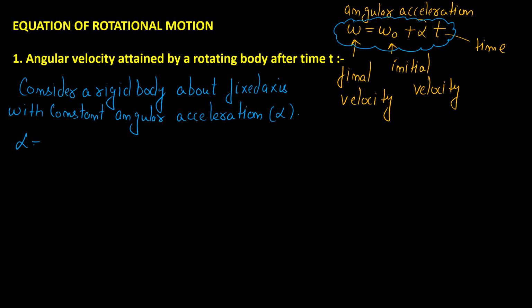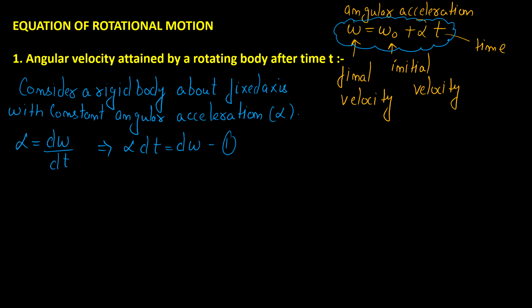Then we know alpha equal to d omega upon dt, because angular acceleration is equal to rate of change of angular velocity. Then cross multiply: alpha dt equal to d omega, which is equation first.